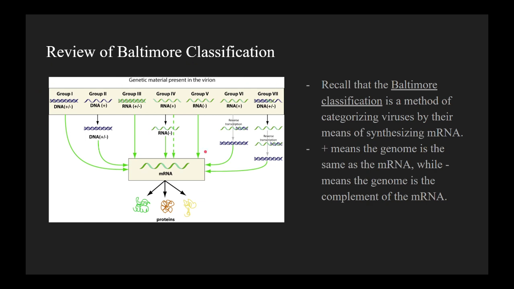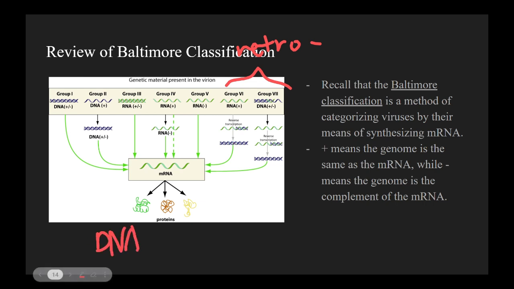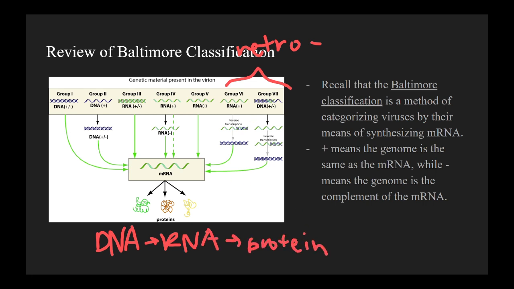So you have 7 groups here, and 6 and 7 are special because they're what are called retroviruses, which means that they go from RNA to DNA, breaking the central dogma. Normally we have DNA to RNA to protein, as we've learned many times. But these retroviruses go backwards from RNA into DNA, through what's called reverse transcription, which we'll talk about later.